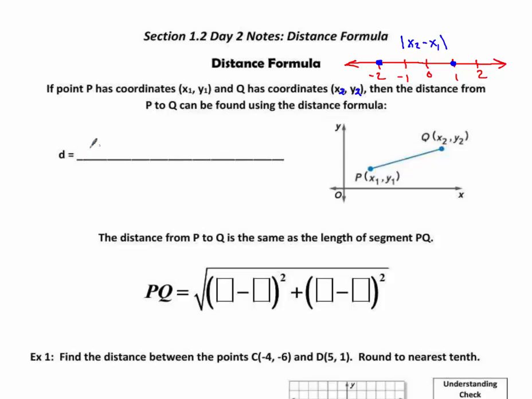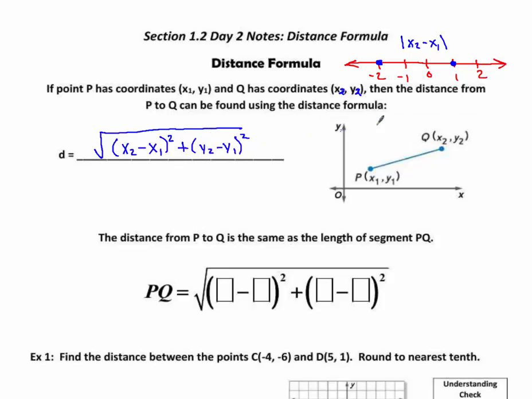And the distance formula says that d, which stands for distance, equals the square root of x2 minus x1 squared plus y2 minus y1 also squared.